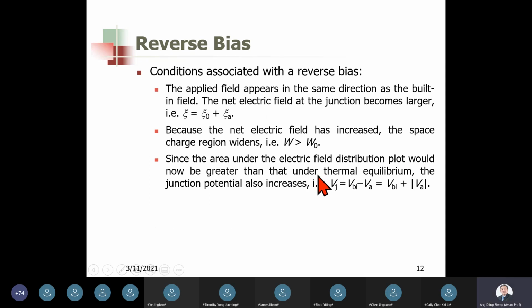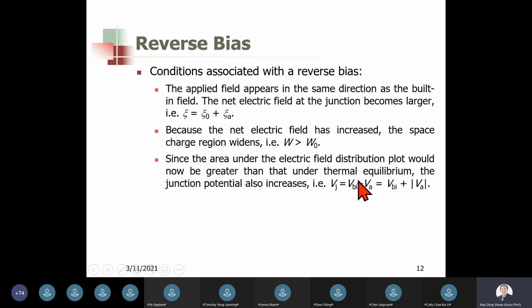All right, so I've explained that just now. So what I've explained is summarized here. Since the electric field across the junction under reverse bias condition is increased, the total area under the electric field plot is now also larger than that under thermal equilibrium, and this is reflective of the larger junction potential across the PN junction.